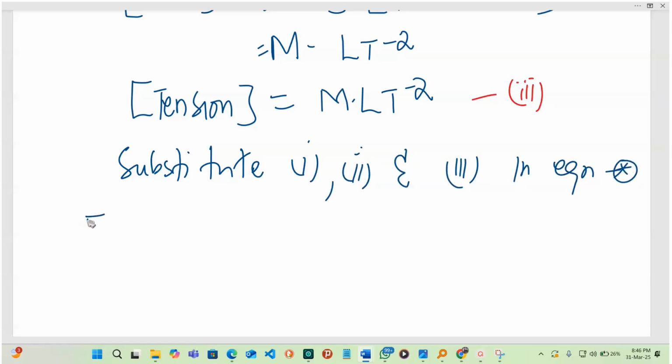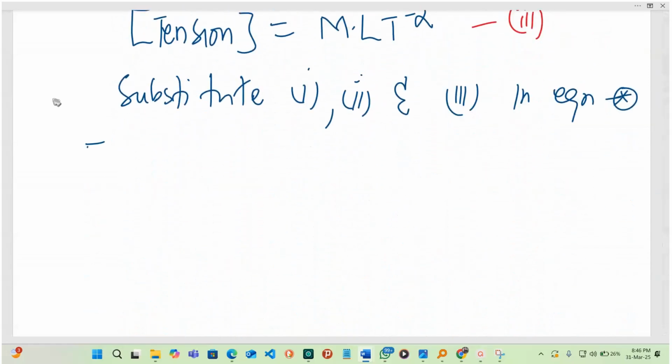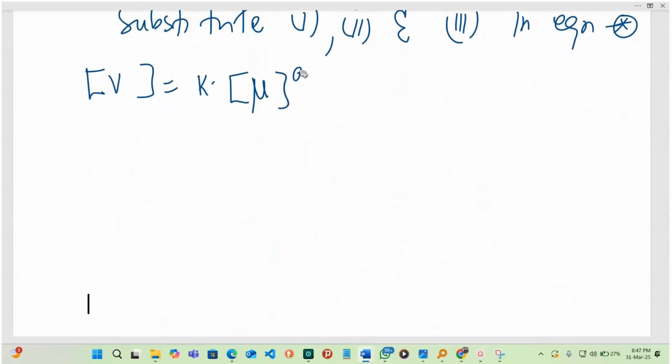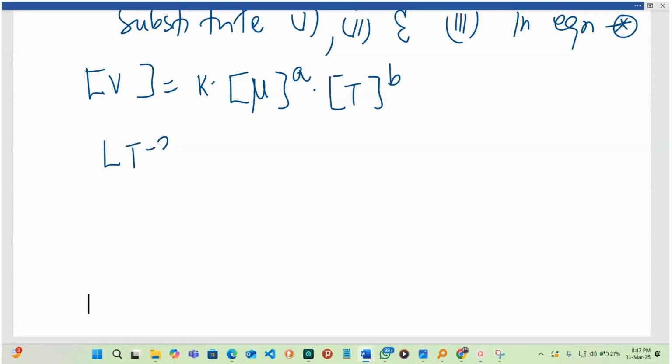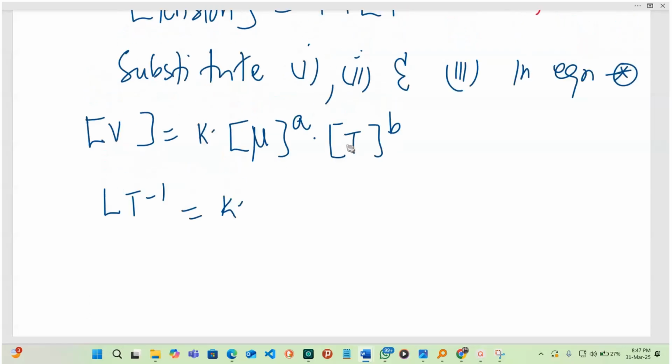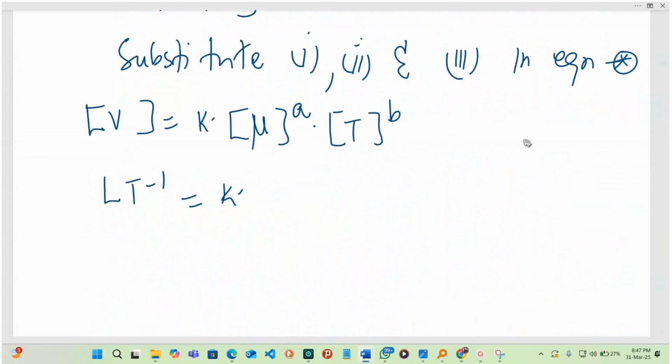Therefore, the dimensions of velocity or speed must equal K times the dimensions of nu to the power A times the dimensions of T to the power B. The dimensions of velocity are L T to the power negative 1, which equals K times the dimensions of nu, which is mass per unit length, M L to the power negative 1, to the power A, times the dimensions of force, tension.